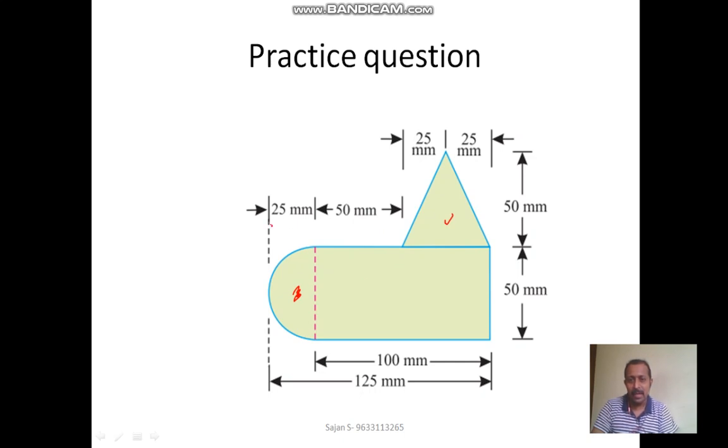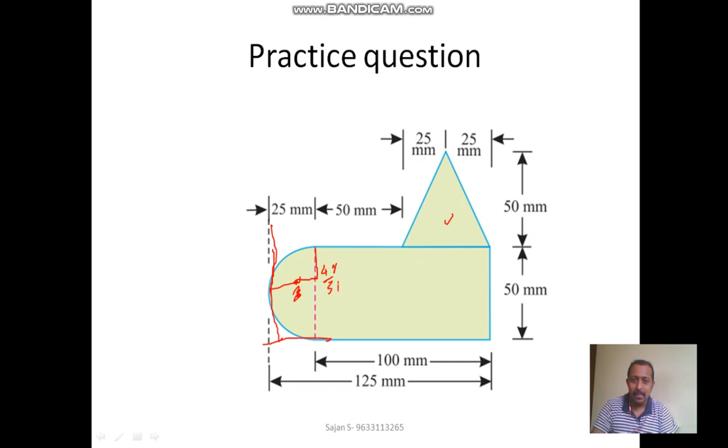Suppose we are considering the y-axis at the left extreme and the x-axis at the bottom extreme. Here one clue: the distance measured from the y-axis to the centroid is x1. We have the equation from the flat side to the centroid, that is 4r by 3 pi.